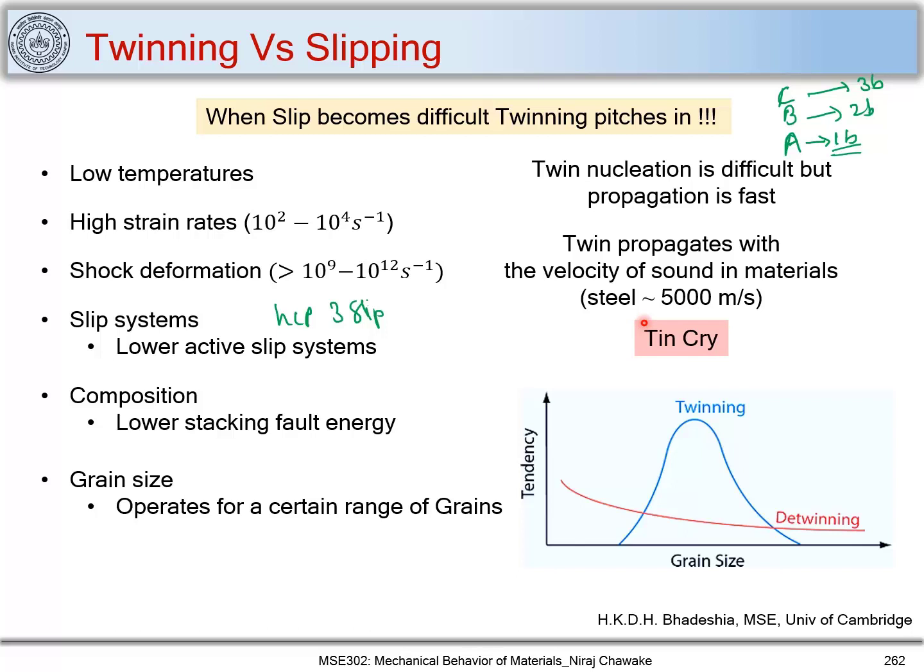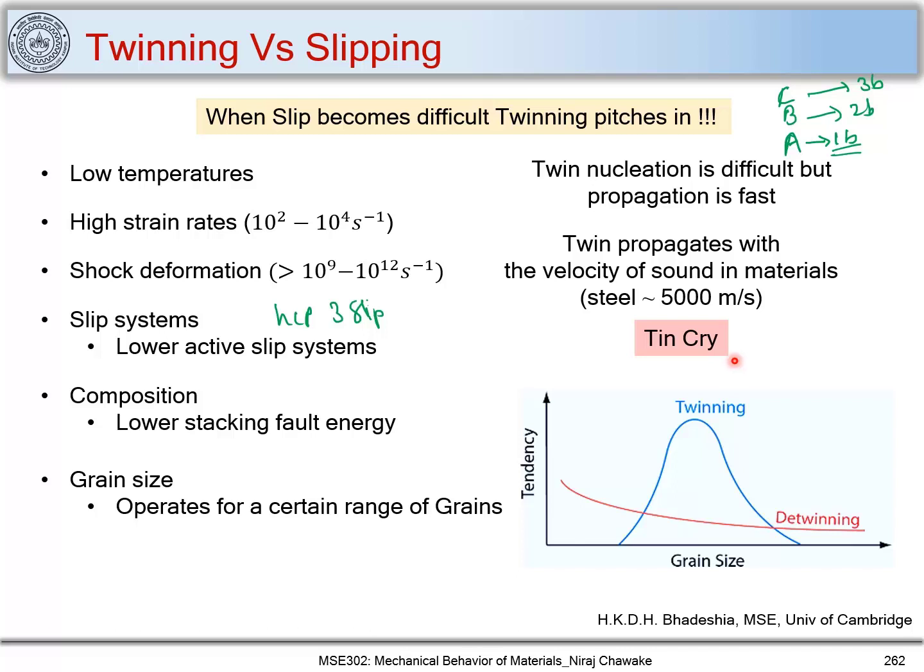So visit this, look up what is tin cry, and look at some of the work of Professor HKDH Bhadeshia from the University of Cambridge, who has extensively worked on twinning. Let's look at this video on YouTube. For curiosity, try to see what exactly tin cry means and how twinning is related to it.